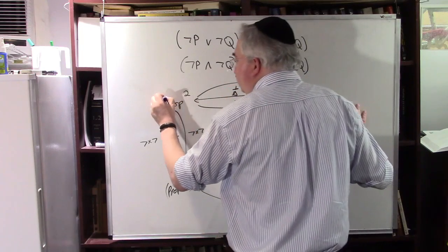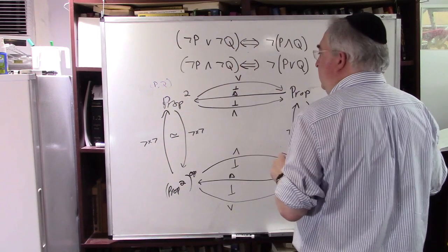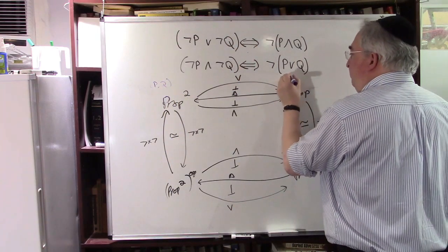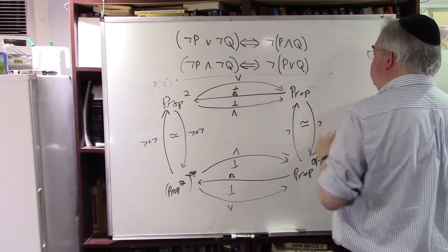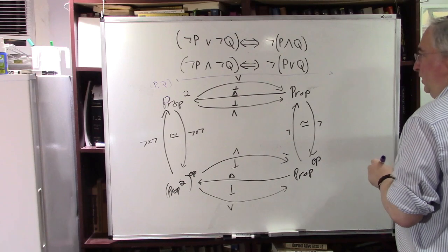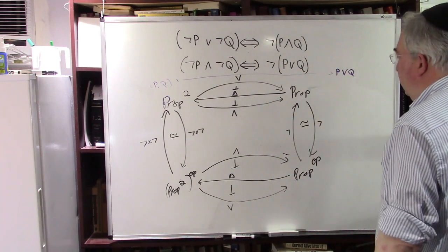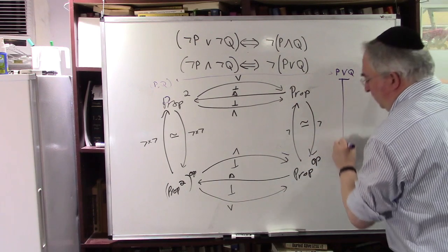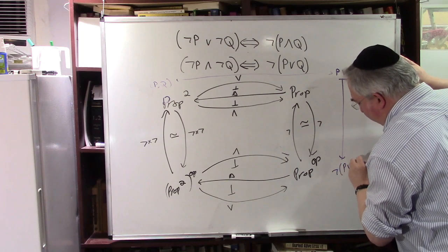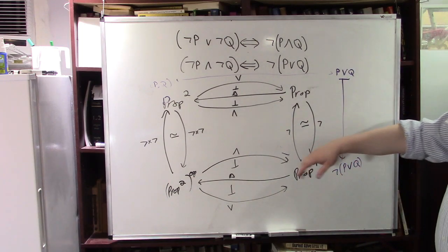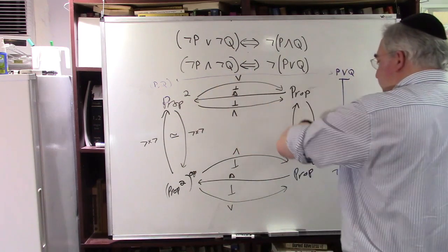So take a typical pair, P, comma Q. Okay. And then it's going to go to P or Q. Okay, and then this is going to go to not P or Q.